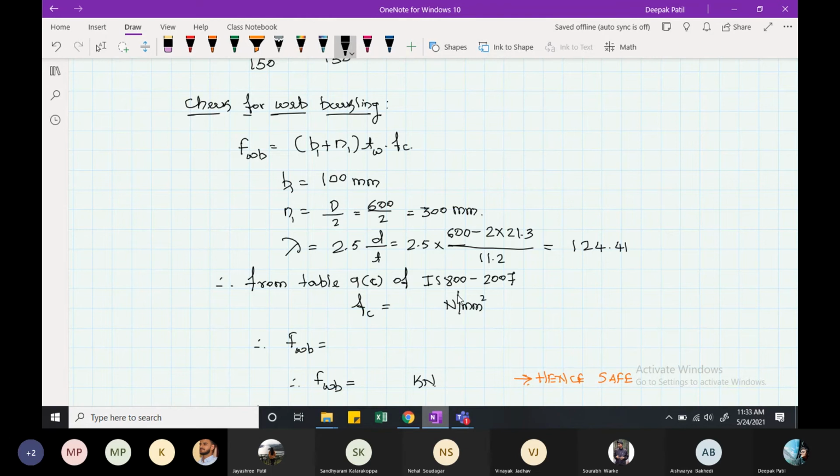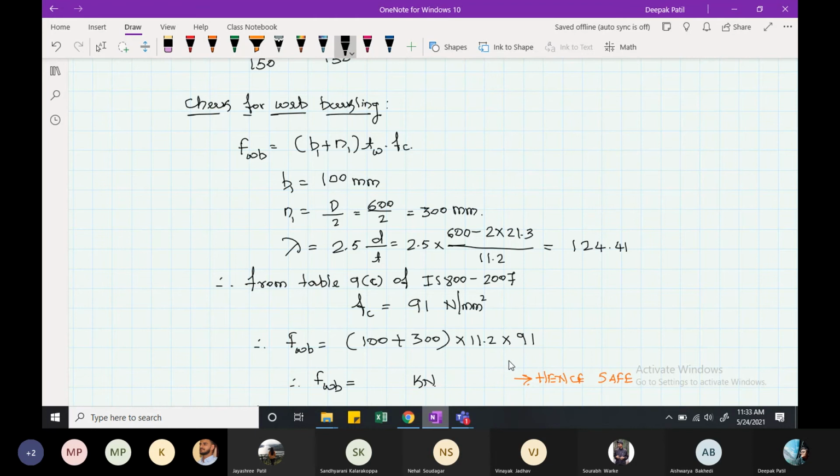And if you refer table 9C of IS 800-2007, you will get the value of FC as almost 91, approximately 91 Newton per mm square. Then you can substitute all these values in this equation for FWB. That is 100 plus 300 times thickness of web, 11.2, multiplied by FC, 91.